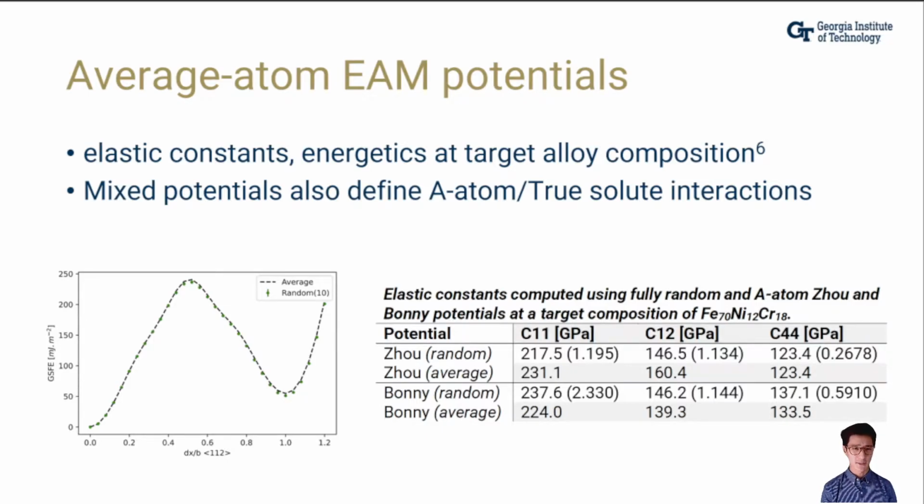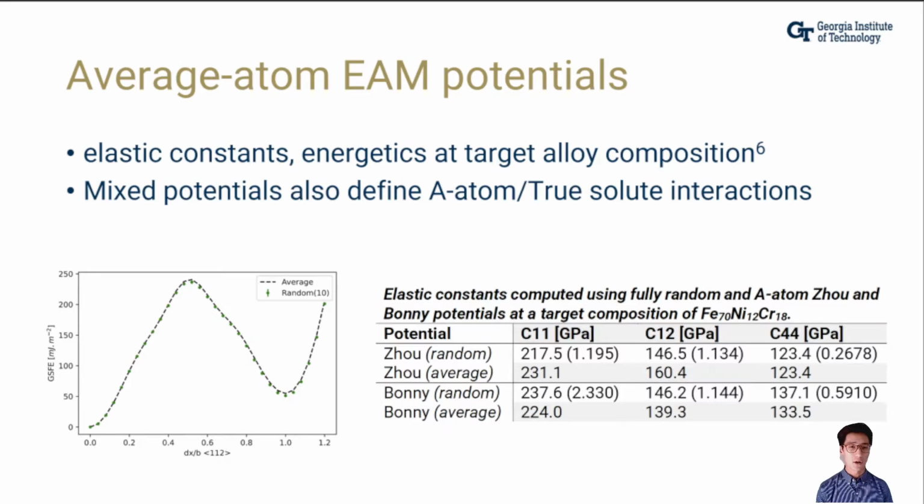Further reinforcing this fact is the recent literature simulating alloys using average atom interatomic potentials. These essentially embed the average response of the alloy, assuming a fully random arrangement of solutes. The elastic constants and the energetics at a given target alloy composition are reproduced.